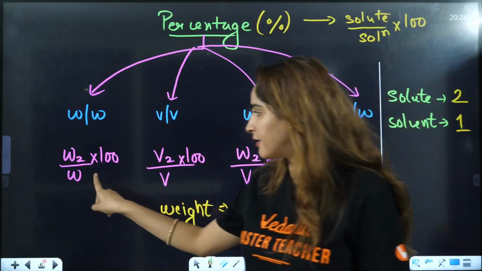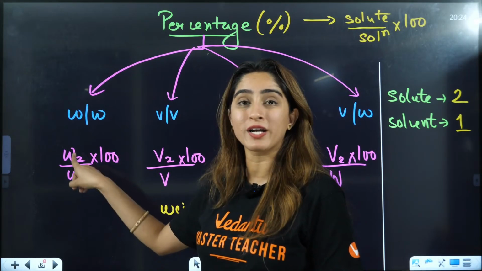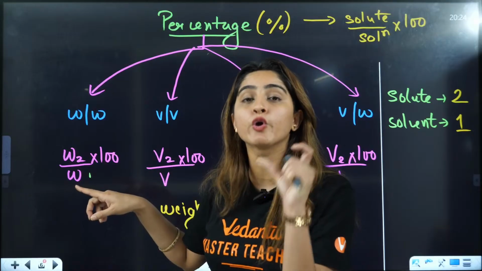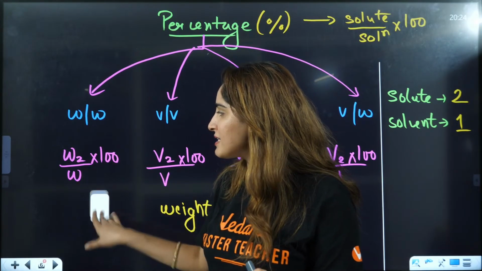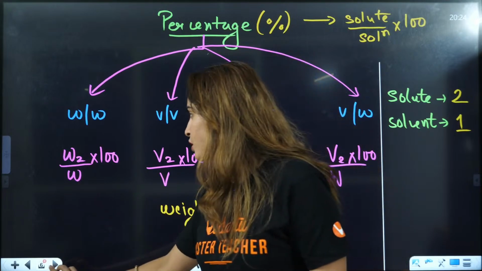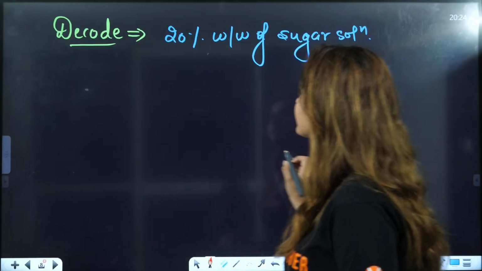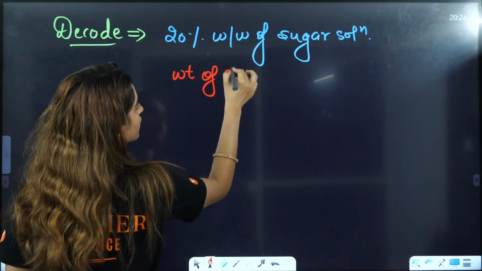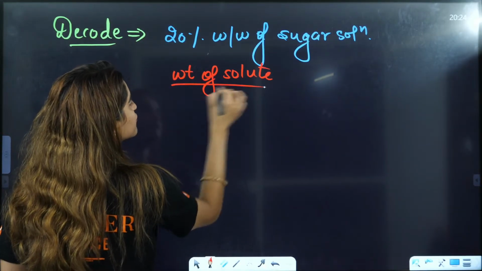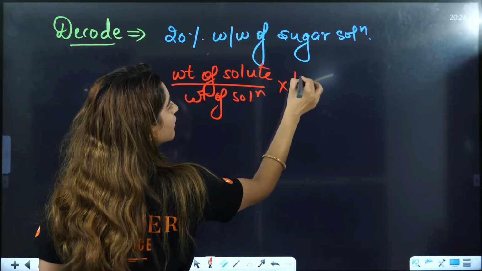Whatever percentage is given in the question will be the numerator. So if I say 20, then weight by weight is nothing but weight of solute by weight of solution multiplied by 100.